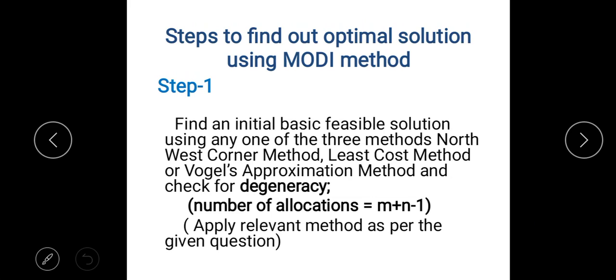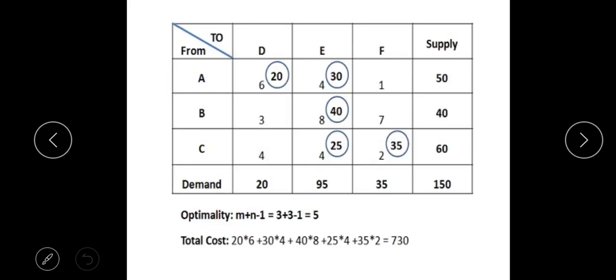Now let us understand this with an example. Here, I have taken a problem and solved it based on the northwest corner method. You can observe the allocations here. Number of allocations: 1, 2, 3, 4, 5. So the number of allocations is 5, and the number of rows, that is m, is 3, and the number of columns is 3.